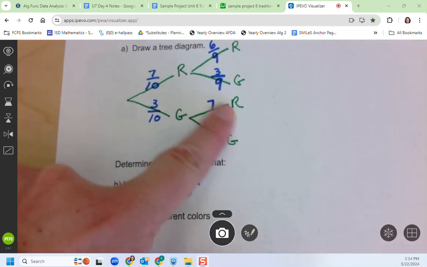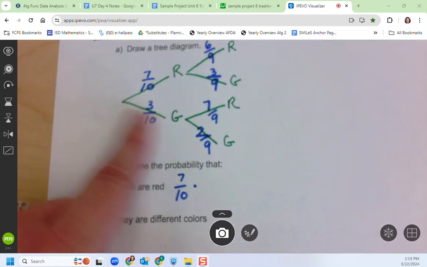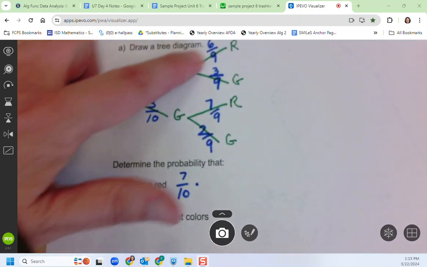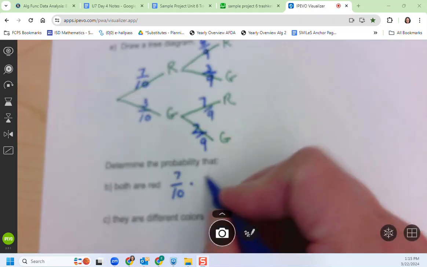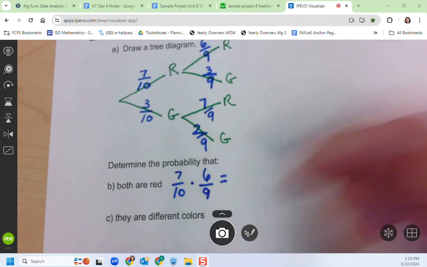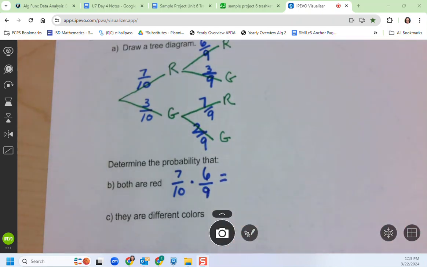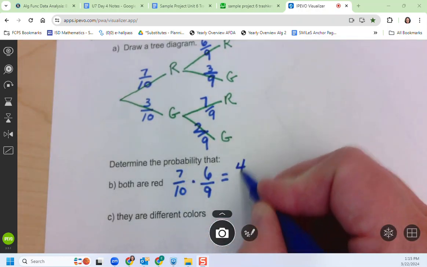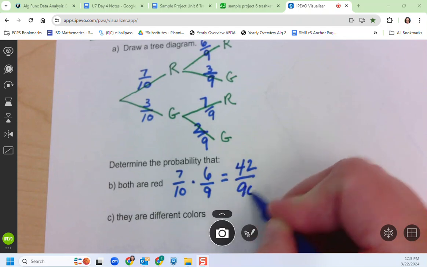I don't use this one because that one came out of green. That never happened. So first one is red here, and then second one is red here. Okay. Who has a question about why I chose those fractions? Okay, so now I'm going to multiply them, 42 over 90.